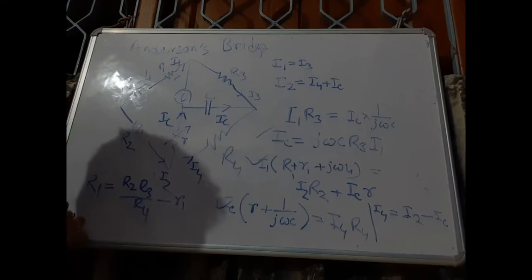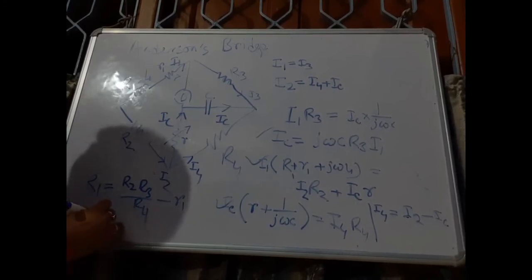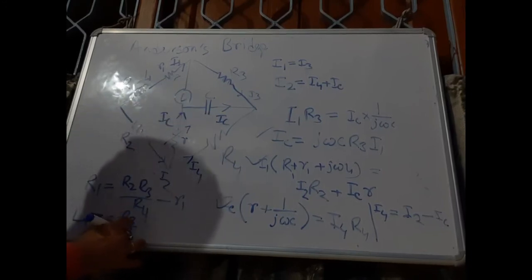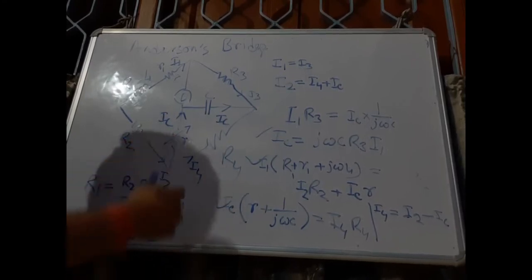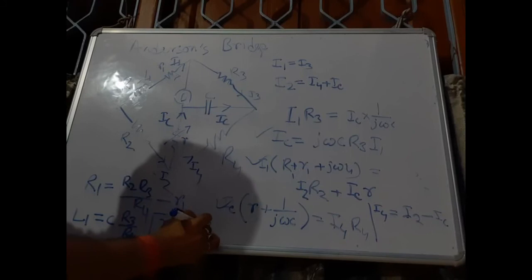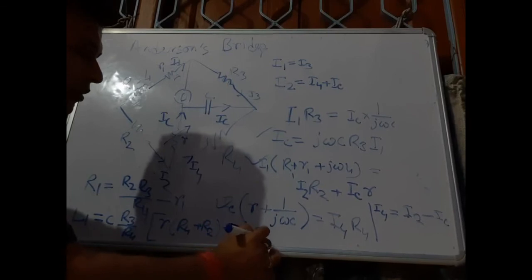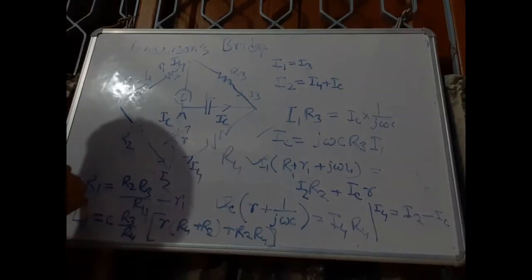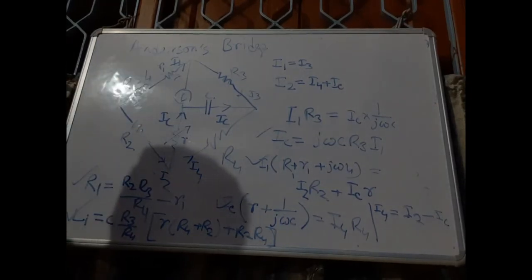And the inductor L1 is equal to C into R3 divided by R4, into r R4 plus R2 R4. So these are the two findings from the Anderson bridge.